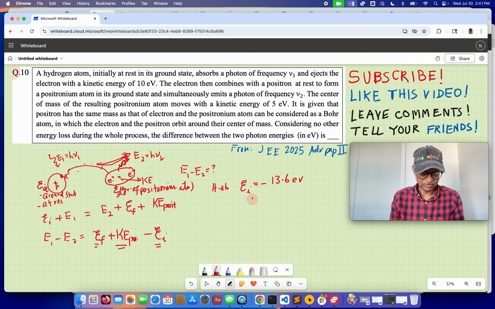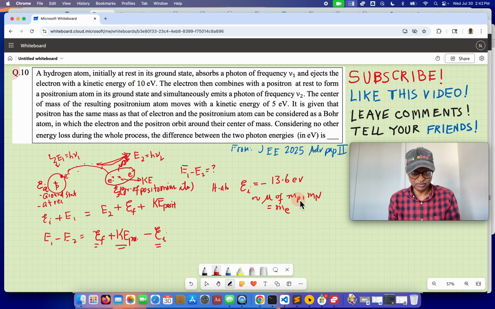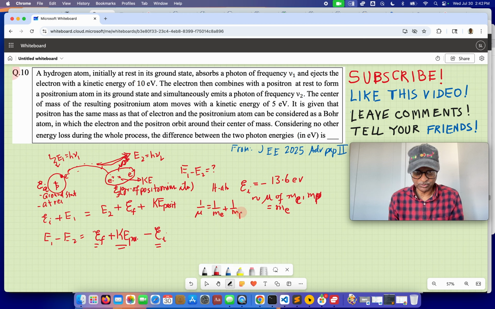But this actually is proportional to the reduced mass of the electron and proton system. The reduced mass is 1 over mu equals 1 over the mass of electron plus 1 over the mass of proton, and the proton is about 2000 times heavier. So you can neglect that, and that becomes the case for the hydrogen atom.